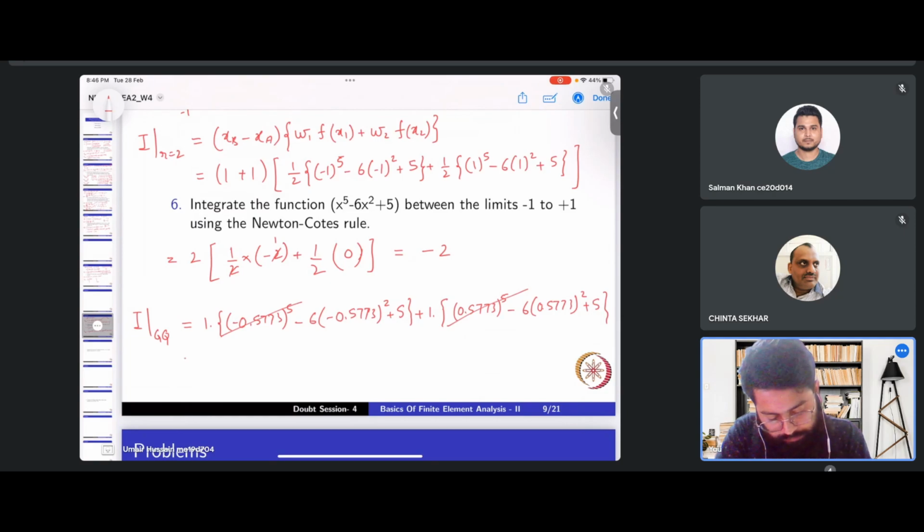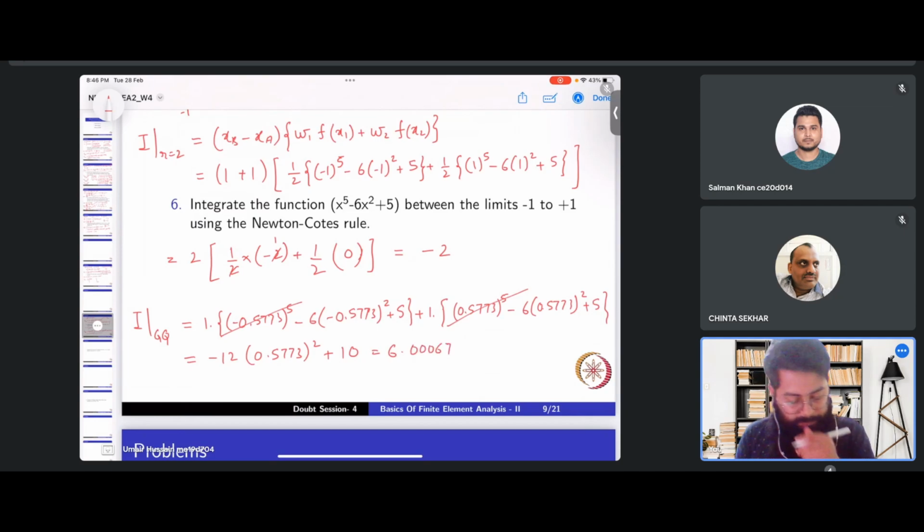Then we have minus 12 into 0.5773 square plus 10. Quickly calculated using my calculator. So minus 12 into 0.5773 square plus 10 gives us 6.0006.